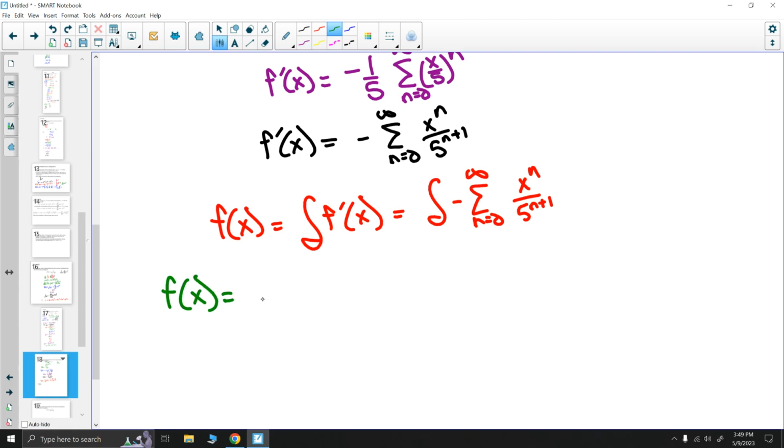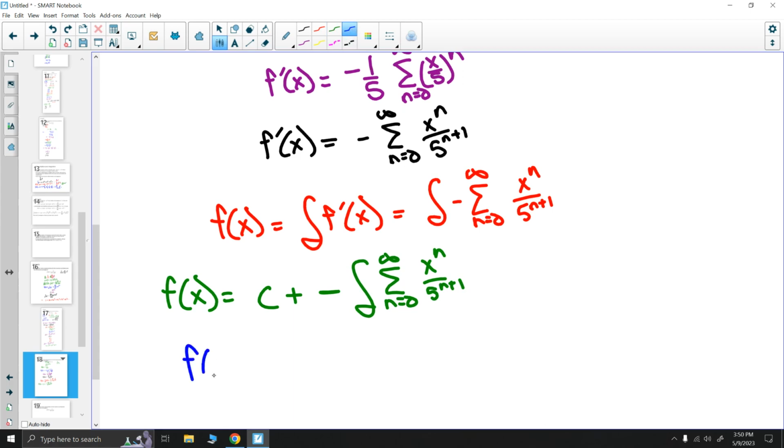So f of x is equal to c, constant of integration, plus the negative integral of the sum n equals 0 to infinity of x to the n over 5 to the n plus 1. Again, that negative just pulled out, and this constant we ignore, though it's still going to be there.